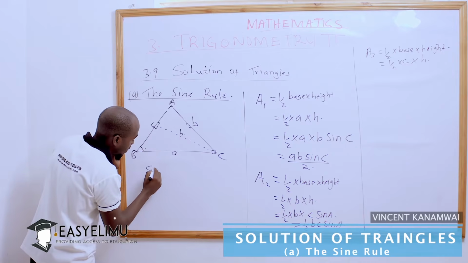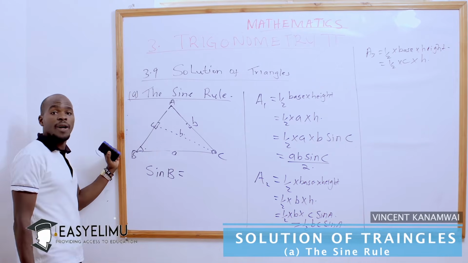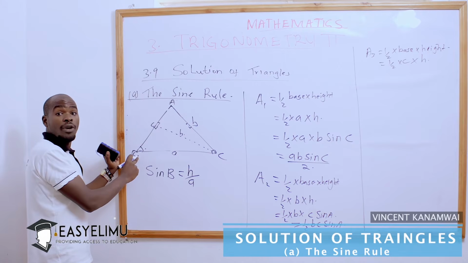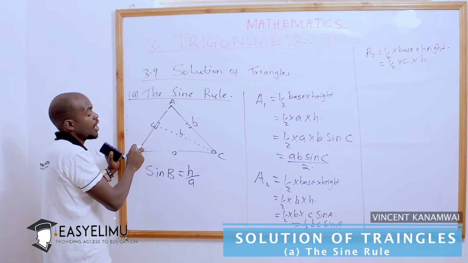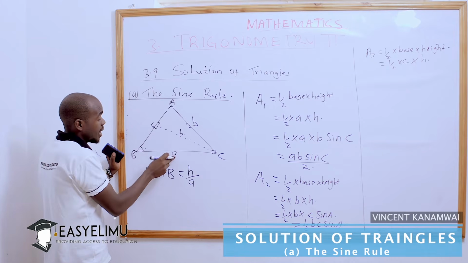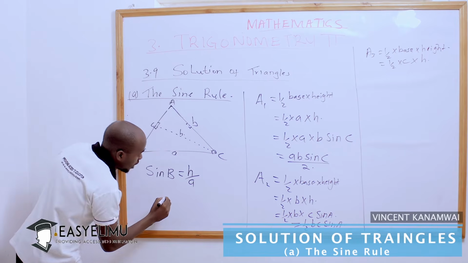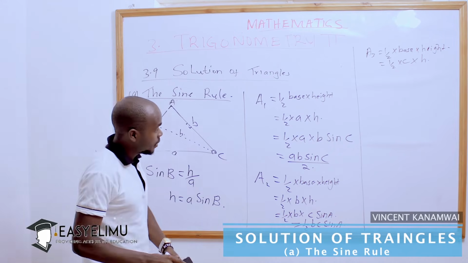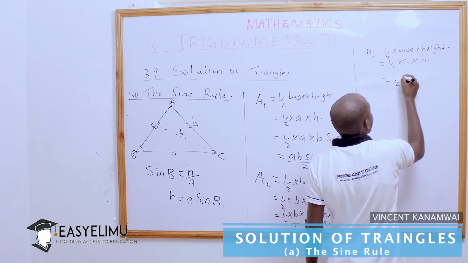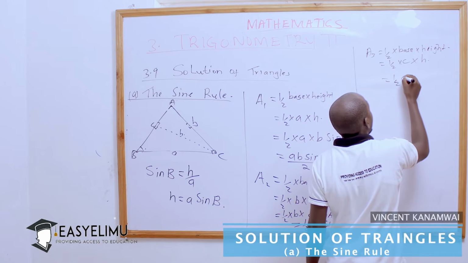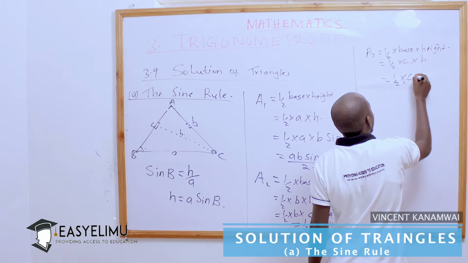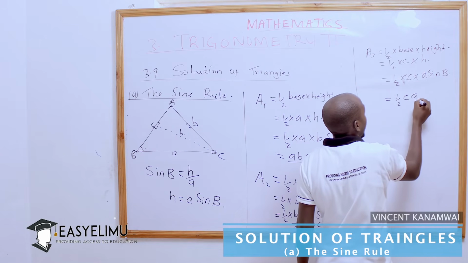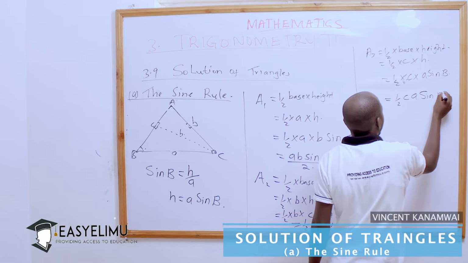The sine of the angle B is equivalent to H over A, because for angle B the opposite side is H and the hypotenuse is A. So H is equal to A multiplied by sine B. Then we have a half multiplied by C multiplied by A sine B, so we get a half CA, or a half AC sine B.